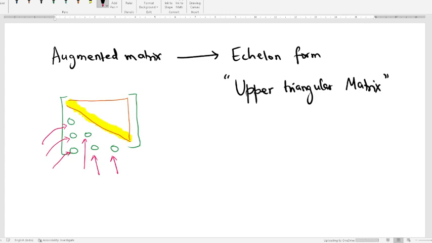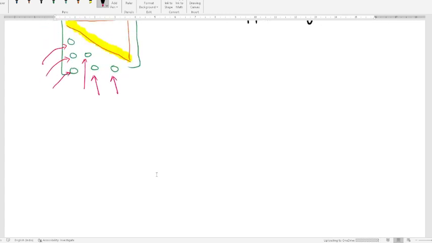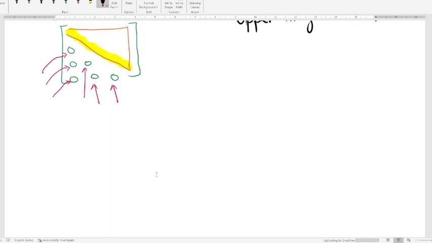Okay. So let's take an example, a system of equations, and try to solve it using the Gauss elimination method. The aim is to achieve an upper triangular matrix. We'll write down x minus 2y plus 3z is equal to 2.